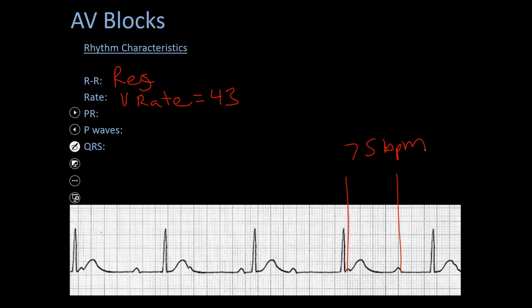PR, well, let's just establish what rhythm this is first. So we have narrow QRS complexes. We have a regular R to R. We do not have a consistent PR. You see, there's no consistency here at all.